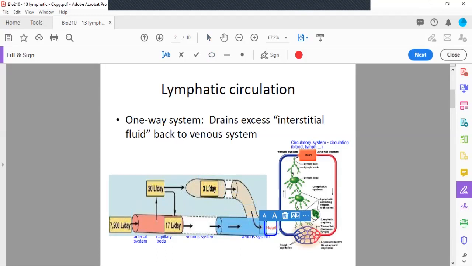So let's make it more congruent and use the same format, because we are creatures of habit, we want to see things the same way.